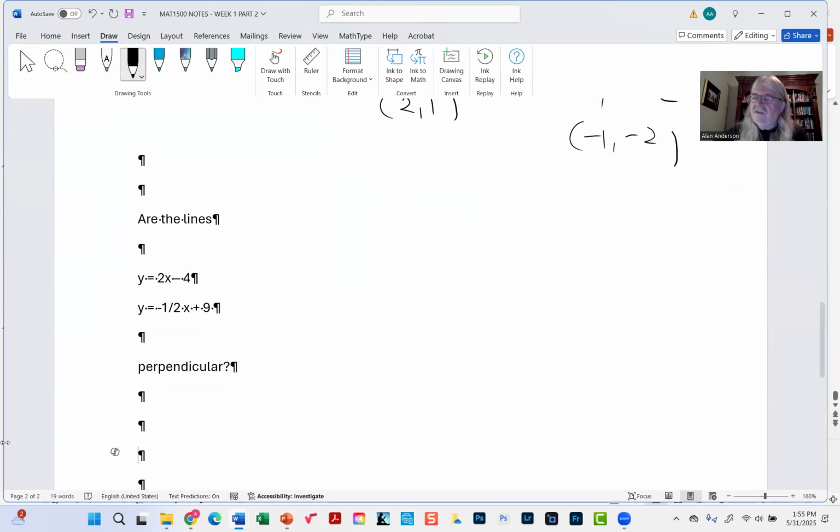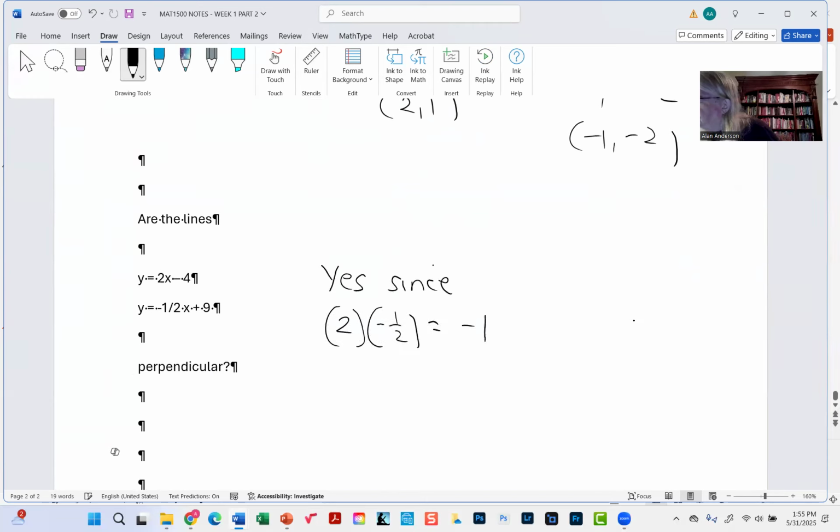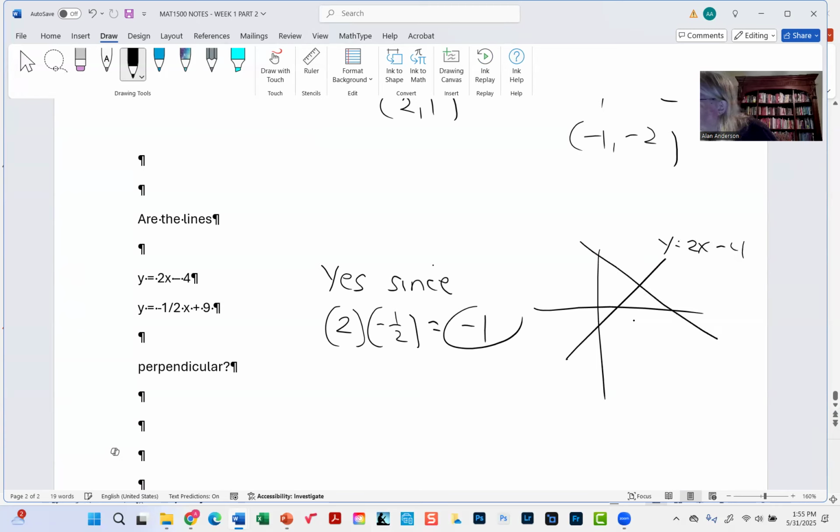And the answer is yes. So you can easily imagine, here's y equals 2x minus 4. Here's the other one, and yes, they cross at right angles.